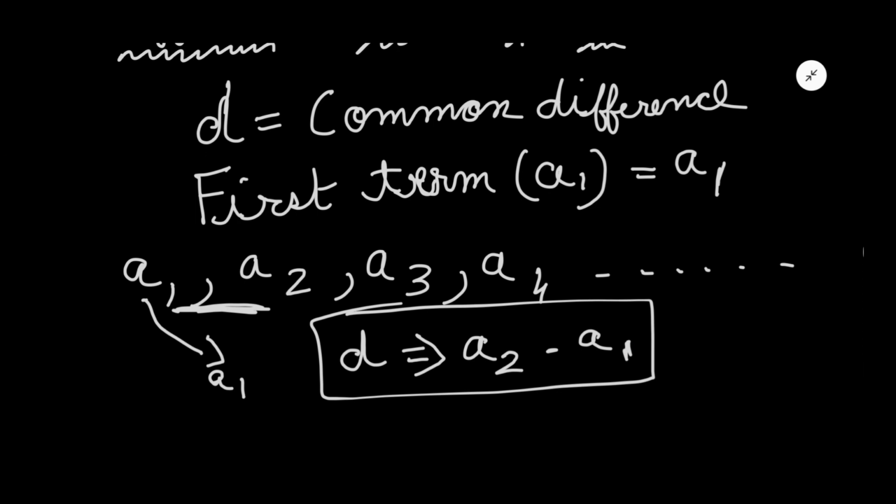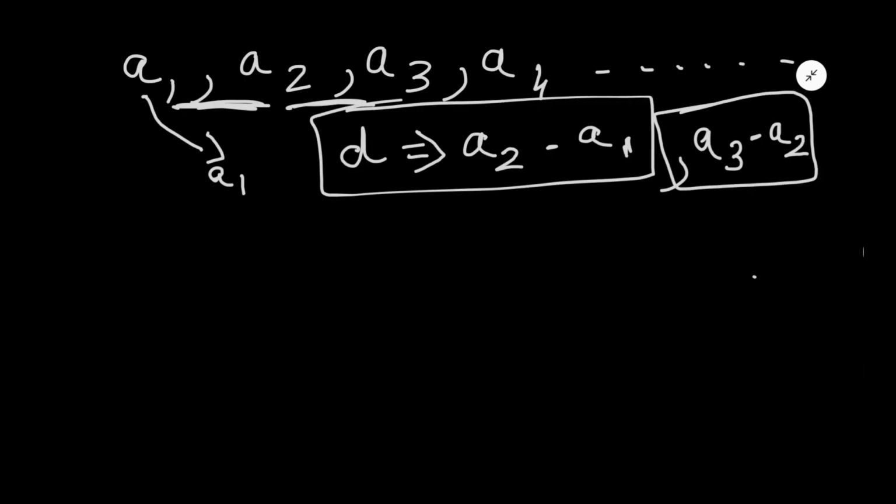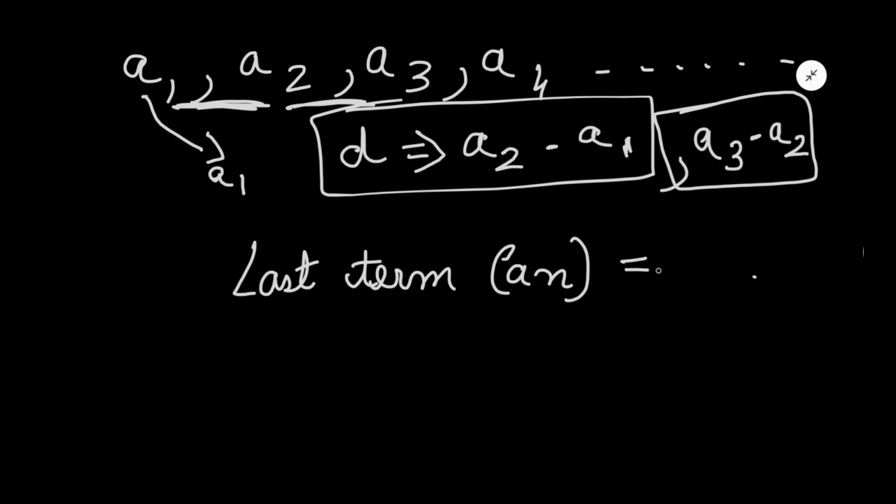Similarly, for these terms, D must be equal to A3 minus A2. And the last term is known as AN, which is also known as nth term.